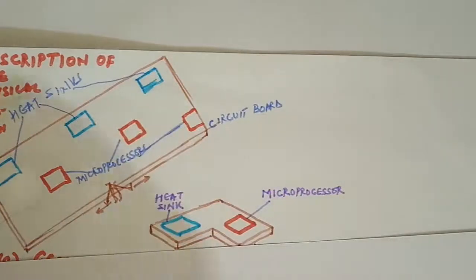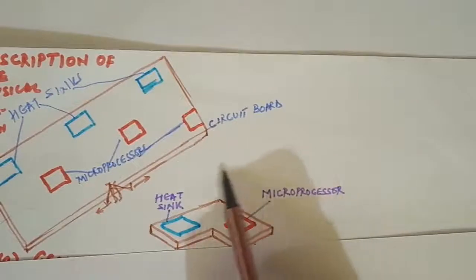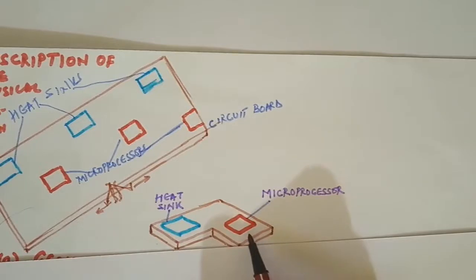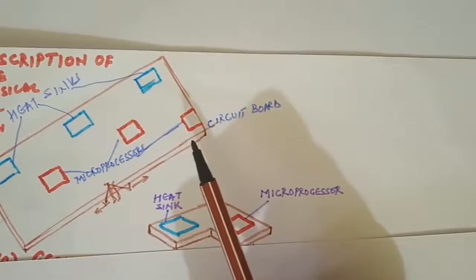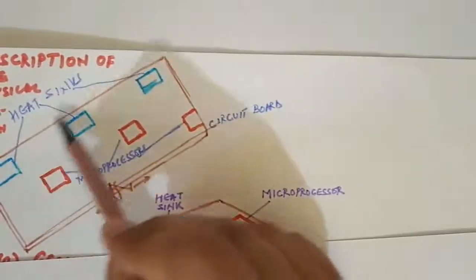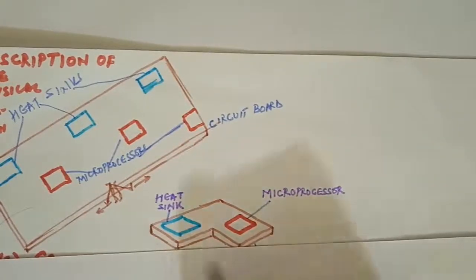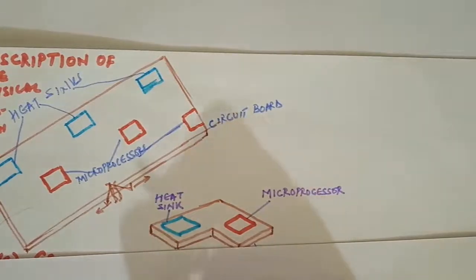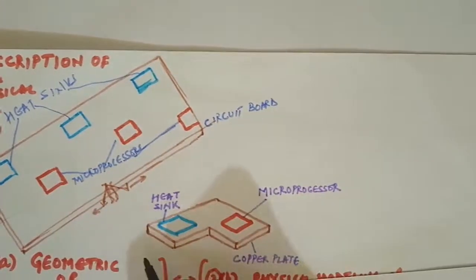We are able to identify that this entire circuit board is essentially containing this kind of unit cell, that is a heat sink and a microprocessor, and this is repeated in an ordered fashion. So instead of studying this entire circuit board, we will confine our analysis or observation to this small system. This is called your geometric or domain modeling.